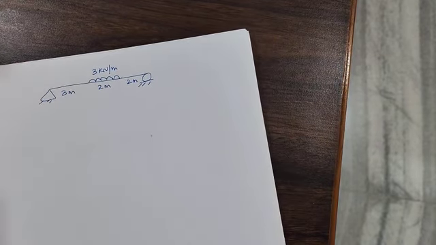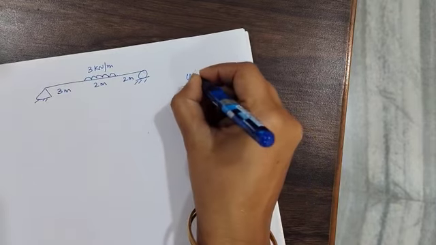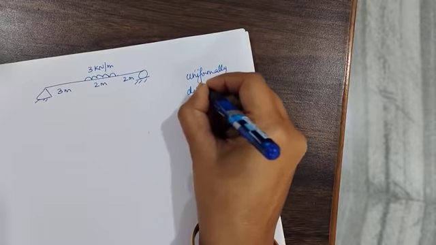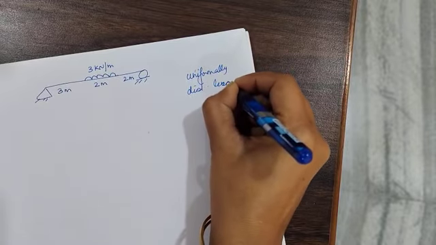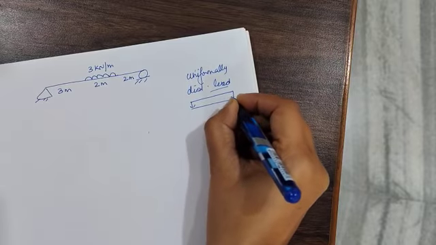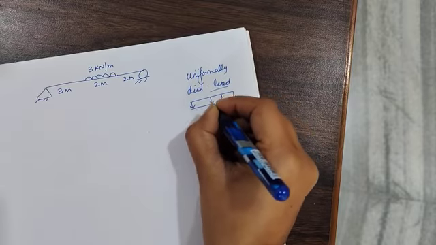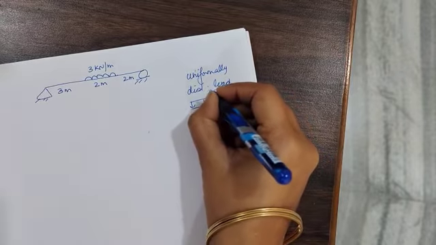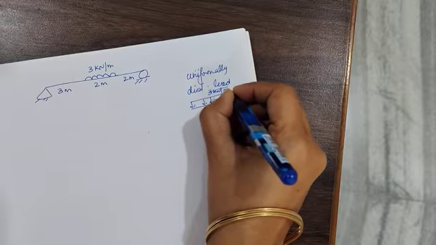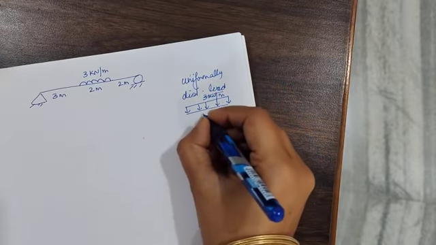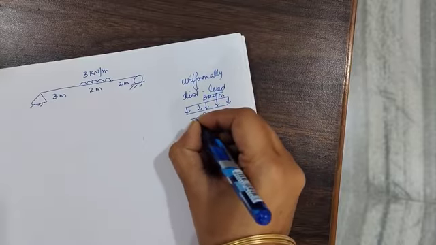See, what is UDL? UDL is uniformly distributed load. It means the load that is of some value that remains constant for a given length of the beam. For example, in this case it is 3 kilonewton per meter. UDL will always be given in kilonewton per meter and it is acting on a span of 2 meters.